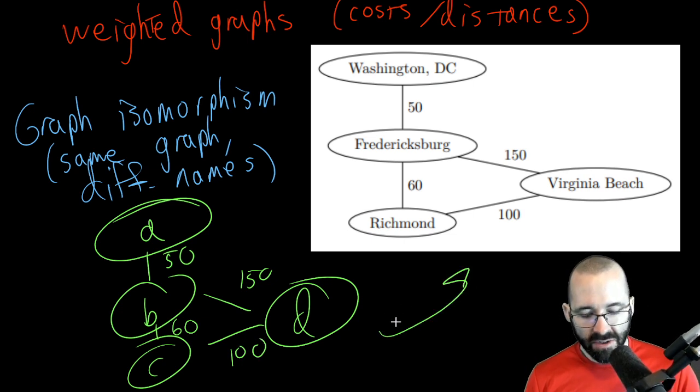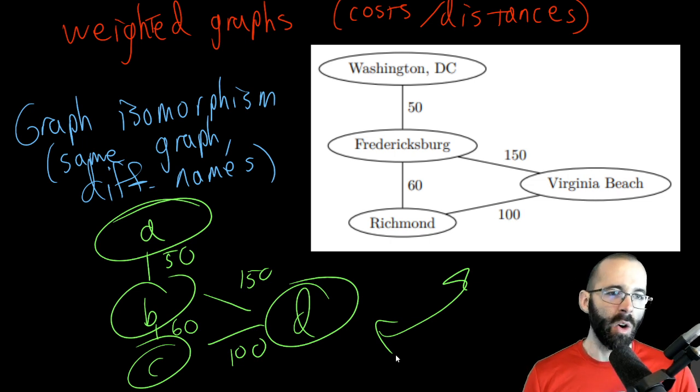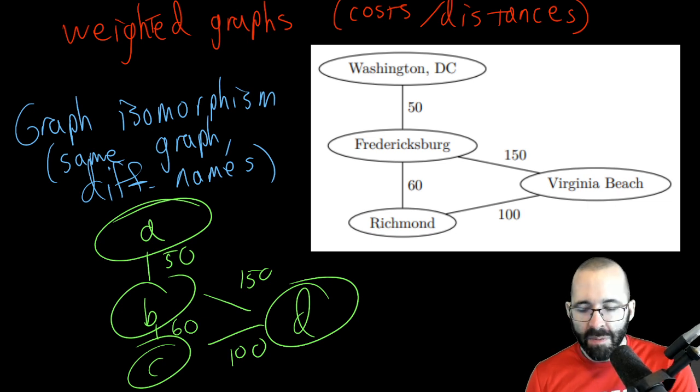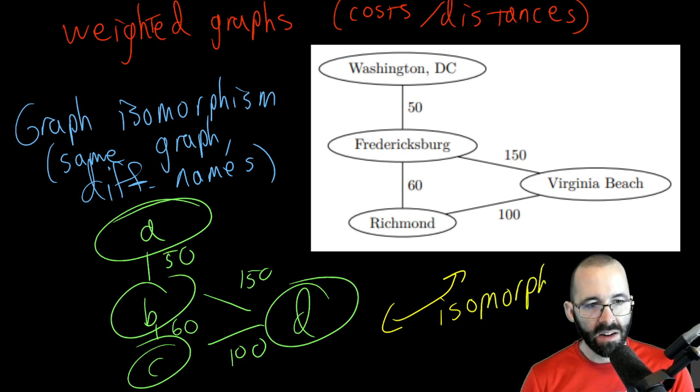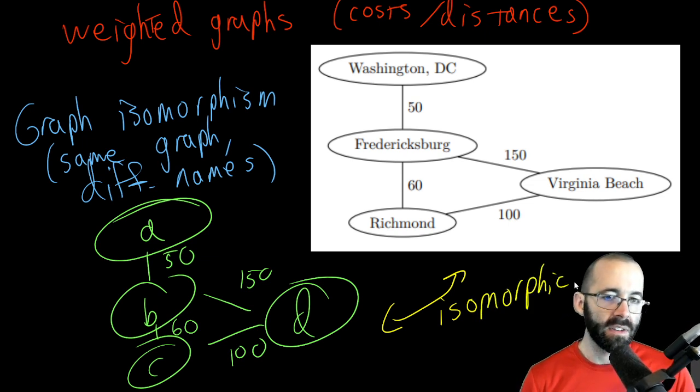Are these the same graph? Well, no, one has cities and one has letters. But mathematically speaking, these two are the same graphs. These are isomorphic to each other. Because yes, they're talking about different things, but mathematically speaking, they are exactly the same.